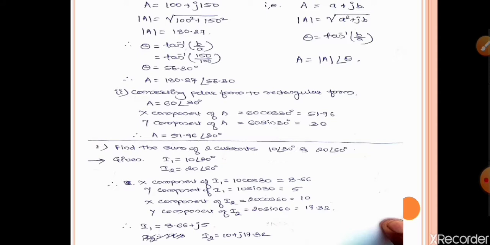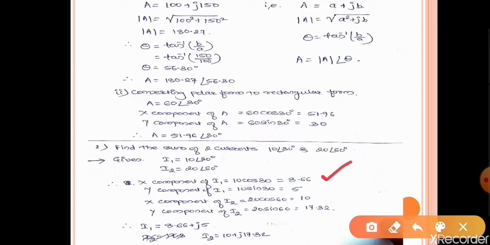First, x component of I1 is 10 cos 30, that is equal to 8.66. Next, y component of I1 is 10 sin 30, that is equal to 5. Use the calculator. X component of I2 equal to 20 cos 60, that is equal to 10.